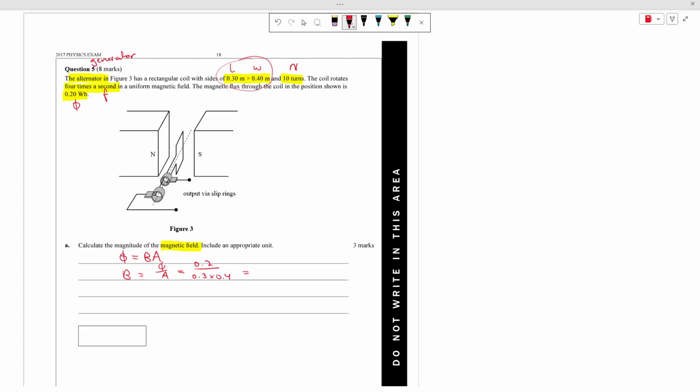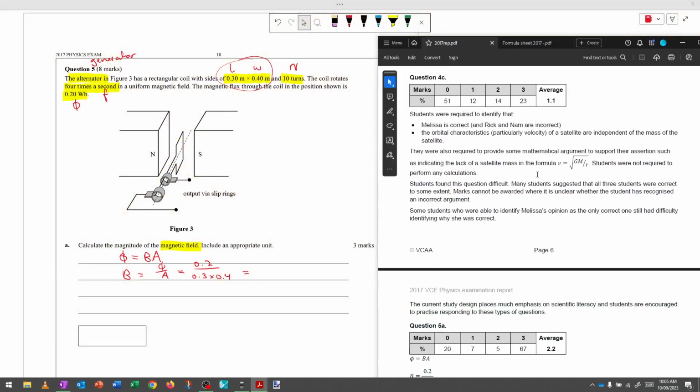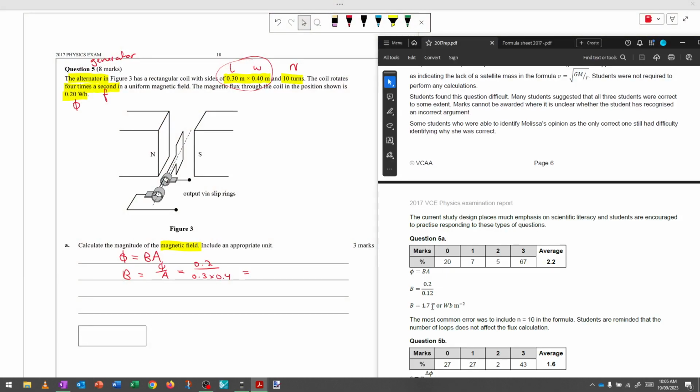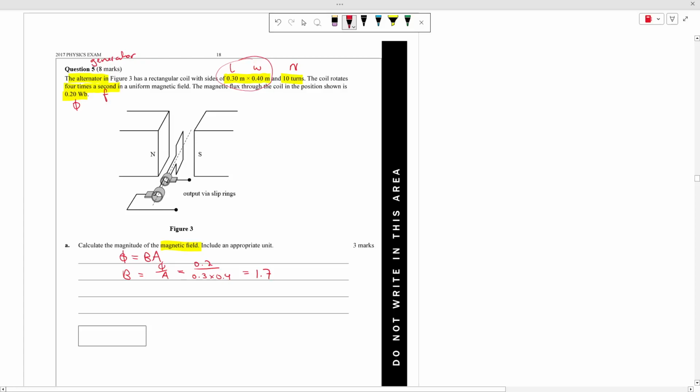And so if we calculate that, we end up getting 1.7 or thereabouts. It wants a unit, so just use the most basic unit for magnetic field, that's just Tesla, so T. It is not incorrect to also put Webers per meter squared, because that's the units of field strength here. Webers for your flux, and area is meter squared, so Webers per meter squared.